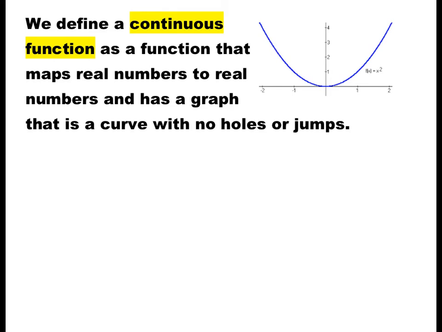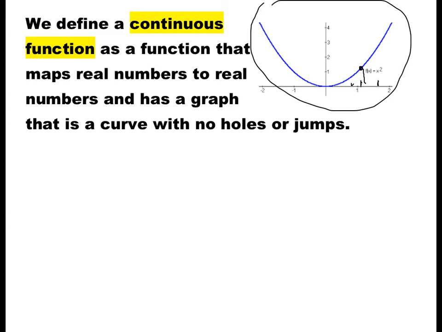For instance, in this graph that you see here, the graph goes from left to right, and for every x value that you pick on the x-axis, there is a corresponding y value. This type of function is called a continuous function.